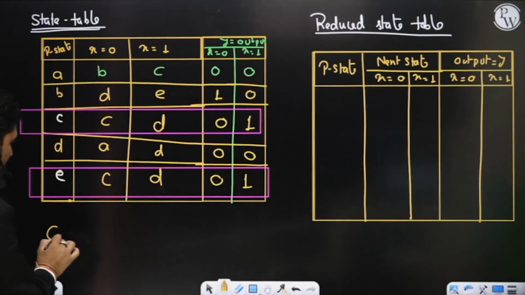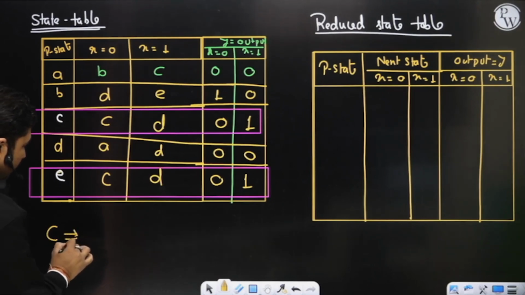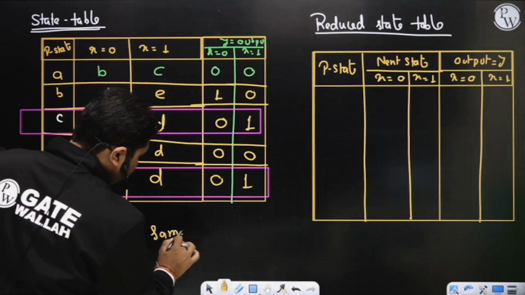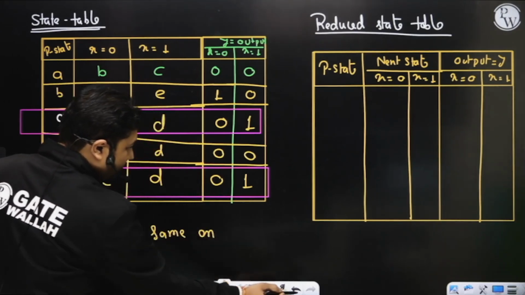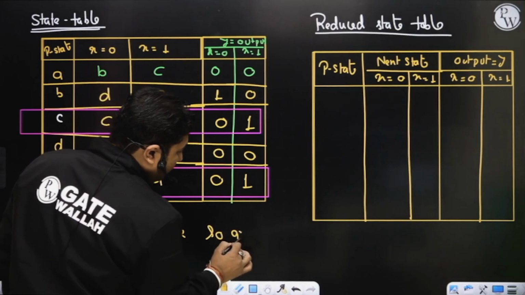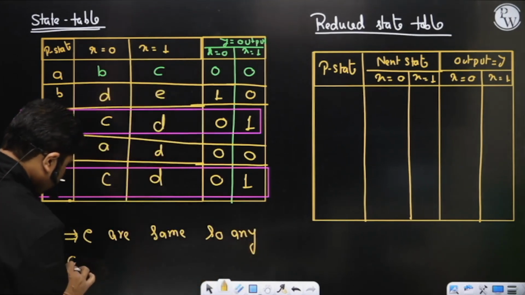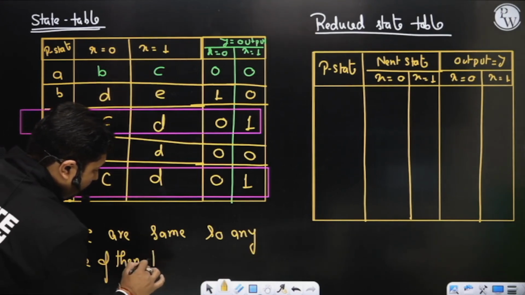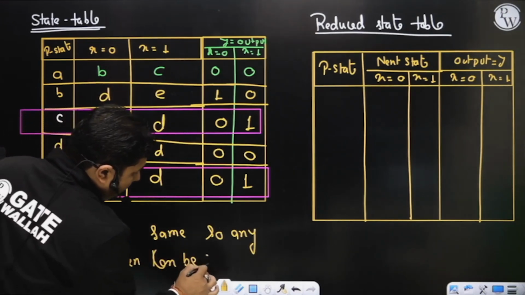Because C and E are the same, any one of them can be removed.